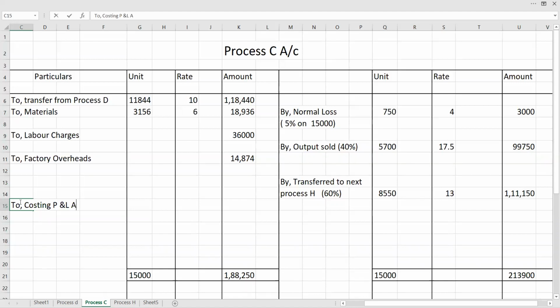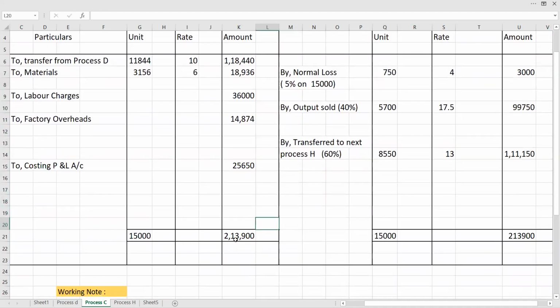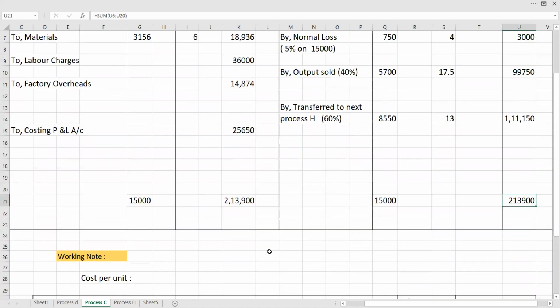And the difference is 25,650. See this, our totals are matched. आपला total जे आहेत ह्या match झाल्यात. So account is tally. इथे आपला account tally झालाय.